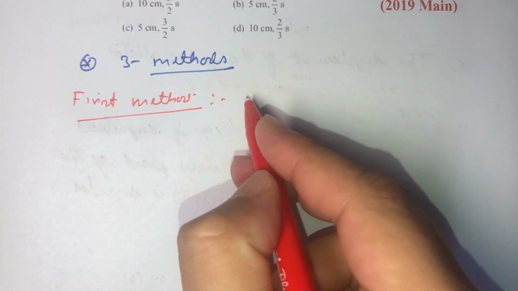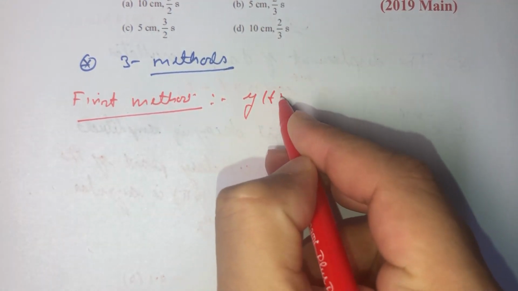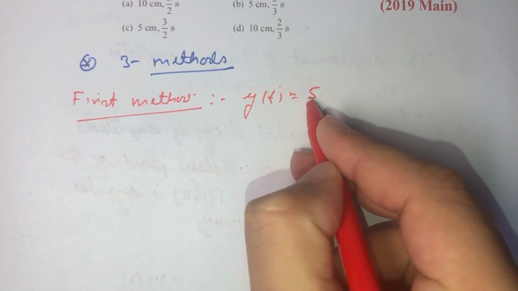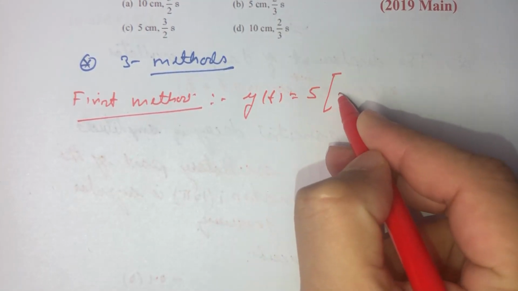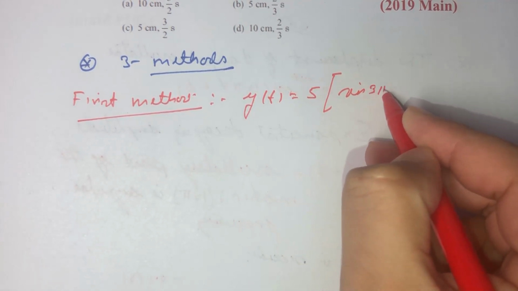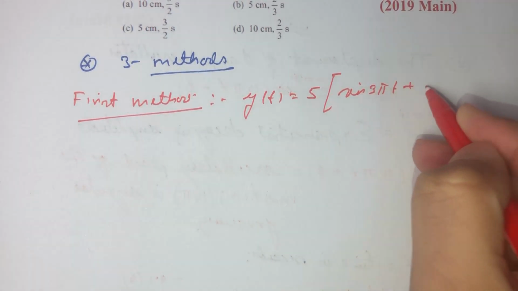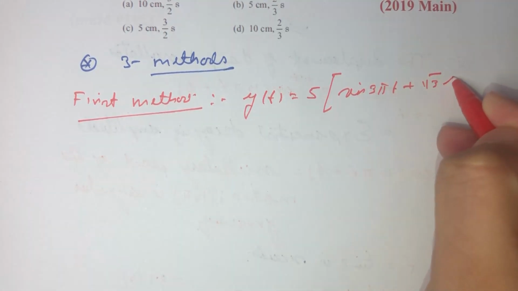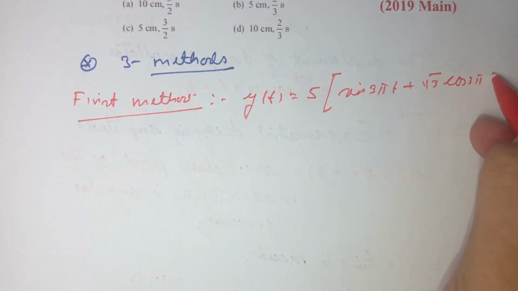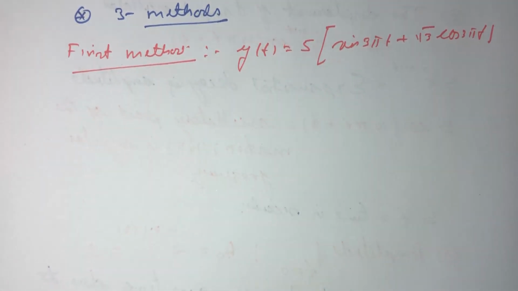So we are given that y(t) = 5 sin 3πt + √3 cos 3πt. But the standard form of the equation for SHM has only one trigonometric function.